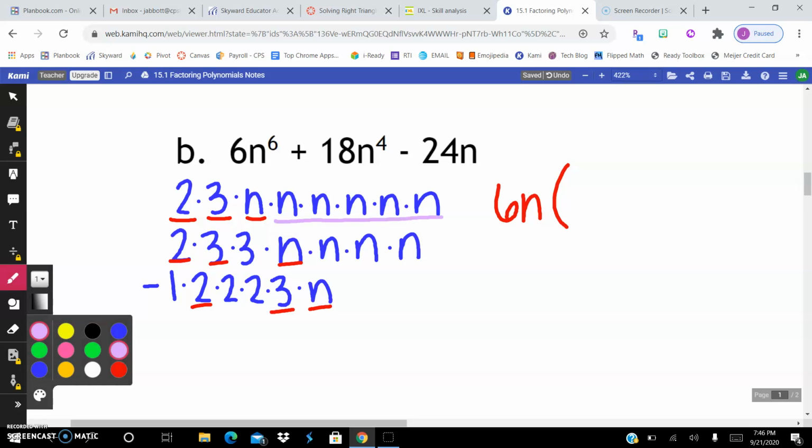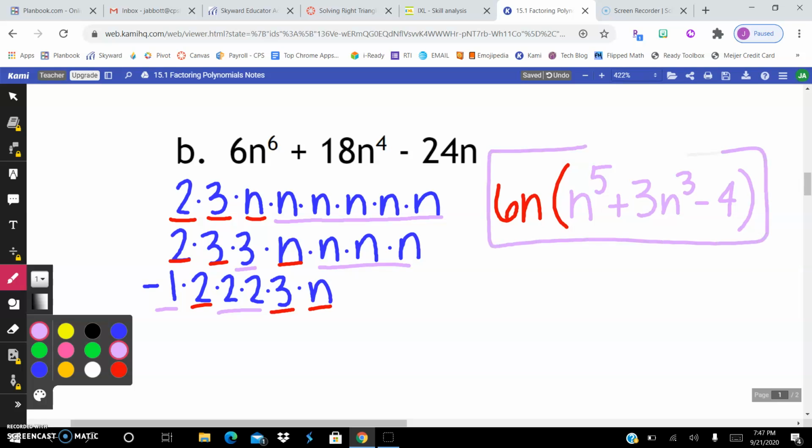This has 5 n's, so n to the 5th. This has a 3 and 3 n's, so a positive 3n to the third. And our last term has a negative 1, 2 2's left. So that would be a negative 4 left over. And that would be our final answer.